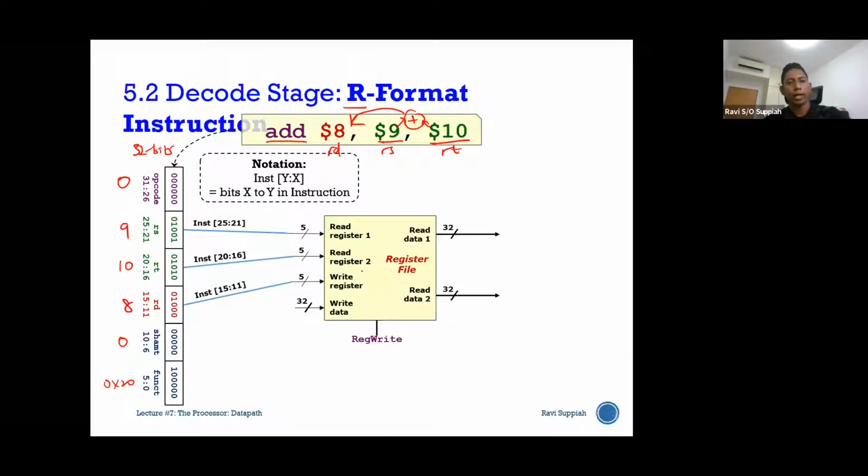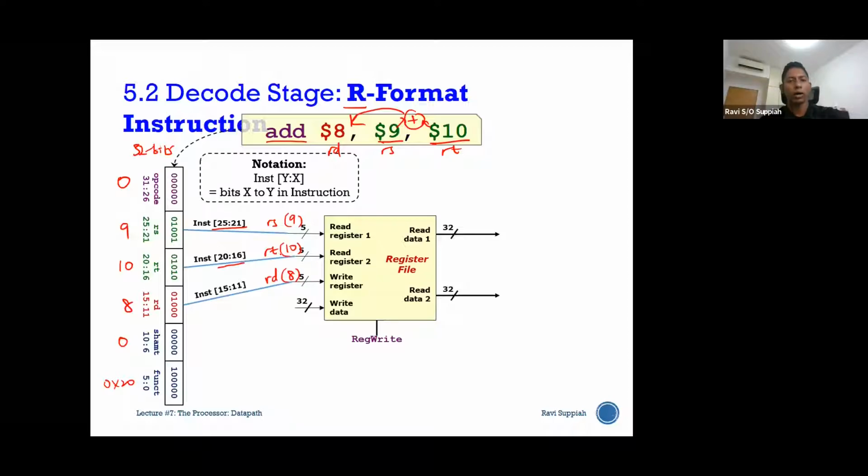What I know is that bits 25 to 21 will specify RS, which is the register I want to read from. So this is register 9. Bits 20 to 16 is RT, which is register 10, the second register I want to read from. And finally the RD, which is the destination register, is 8, the register I want to write back to.